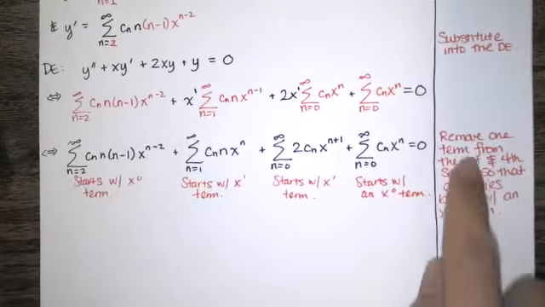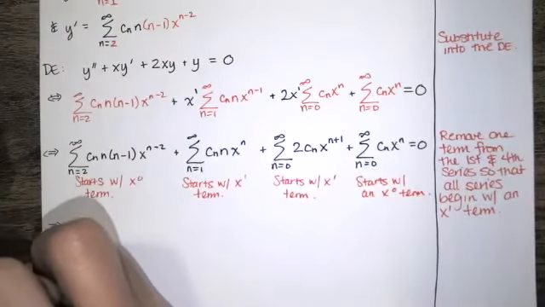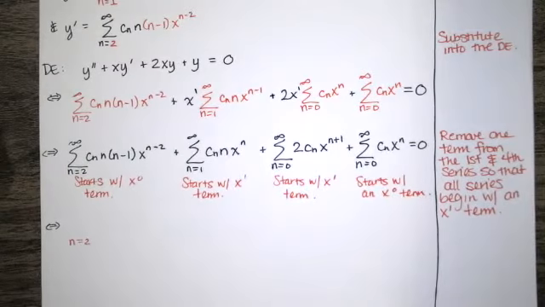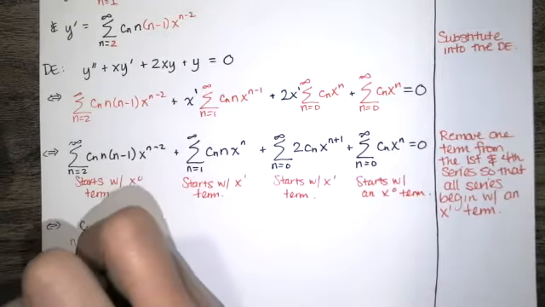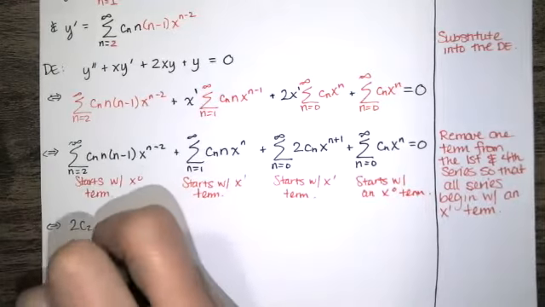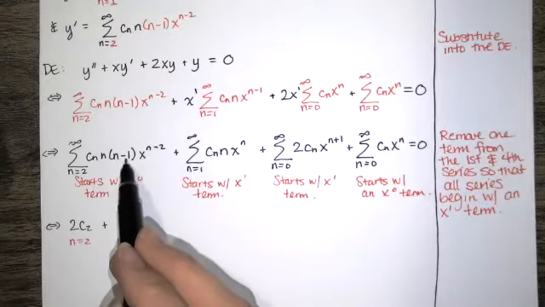Okay, so the n equals 2 term is our x to the 0 term here. So when n equals 2, we get c sub 2 times 2 times 1 times x to the 0. And then when n equals 3, I'd get c sub 3 times 3 minus 1.